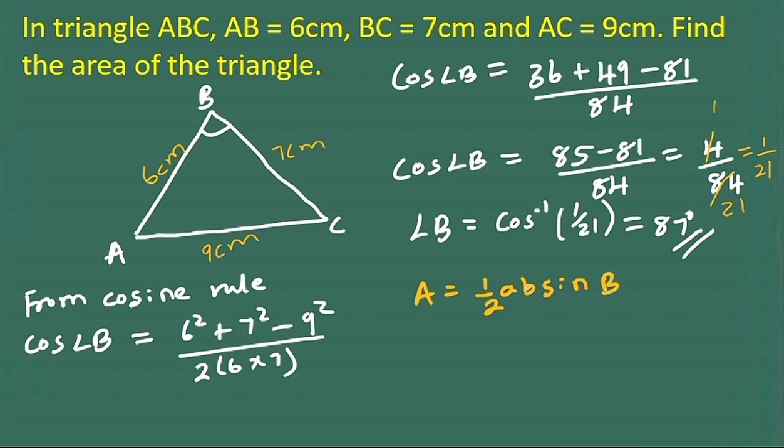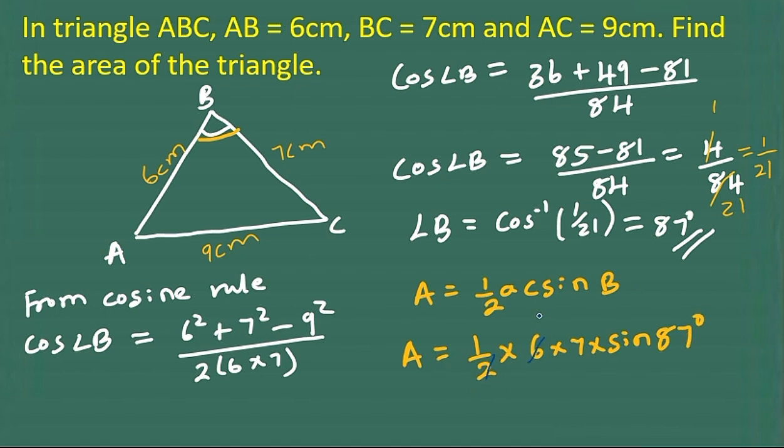Okay, maybe we should call this AC. So A is going to be 1 over 2 times, we are taking the angle here, this is B, this is the angle we are finding, so we take 6 times 7 times sine of angle B, which is 87 degrees.